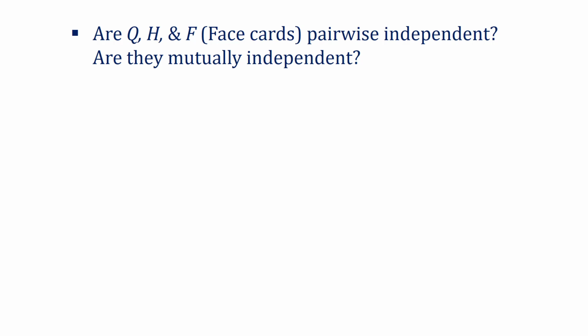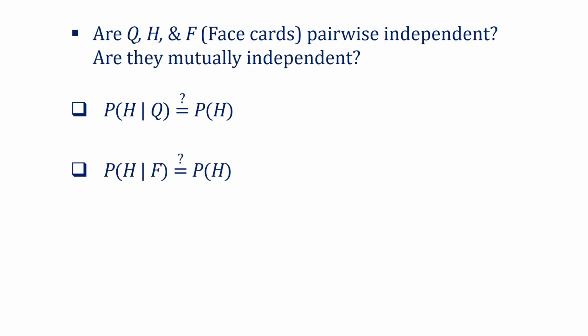To check for pairwise independence, I need to check each pair of those events and see if the pair is independent. The first pair is Queens and Hearts. I need to check if they are independent. We've already done that in this video, so I'm just going to double check it by doing a different comparison that I could do. I can check the probability of hearts given queens, and then see if that is the same as the unconditional probability of just drawing a heart.